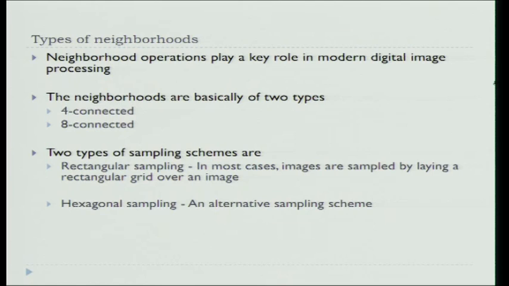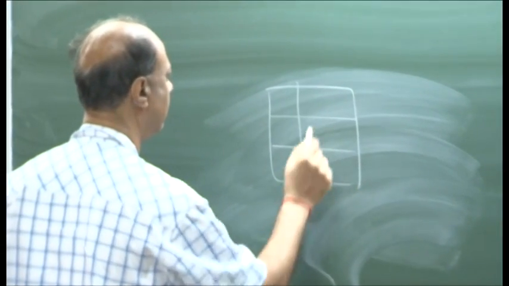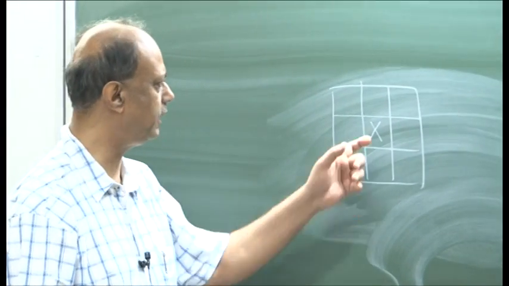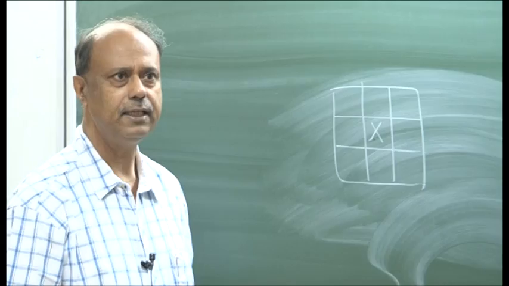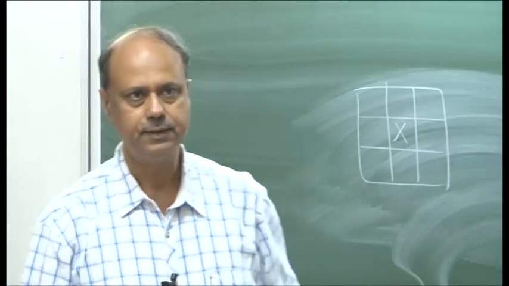Now, once we think about local operations, the concept of neighborhood comes in. What do you mean by local? It means who are the neighbors of a pixel, right. So, say for this image, suppose this is a pixel, and who are its neighbors?